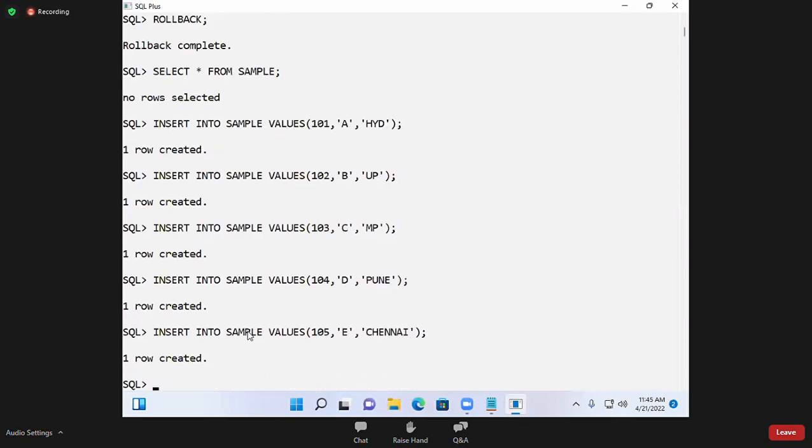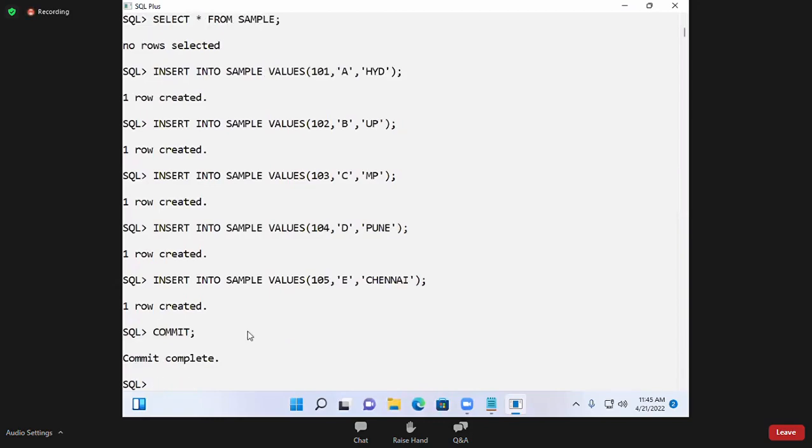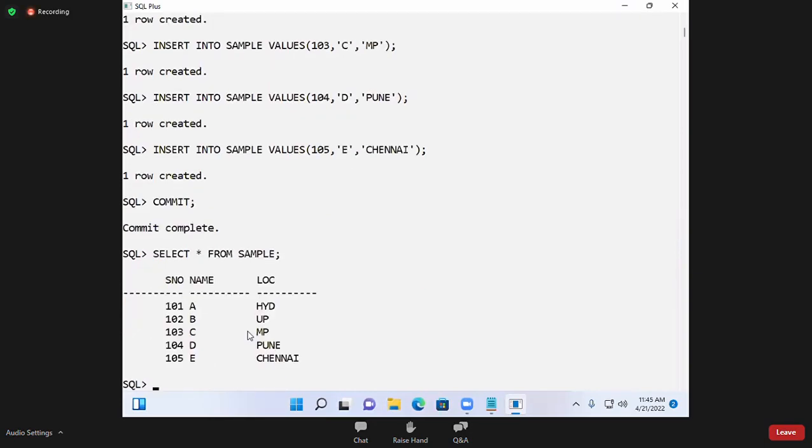Okay, that's fine. Again, all these I'm committing. Commit means all are permanently saved and come back to your table sample. Again, we have 5 rows.